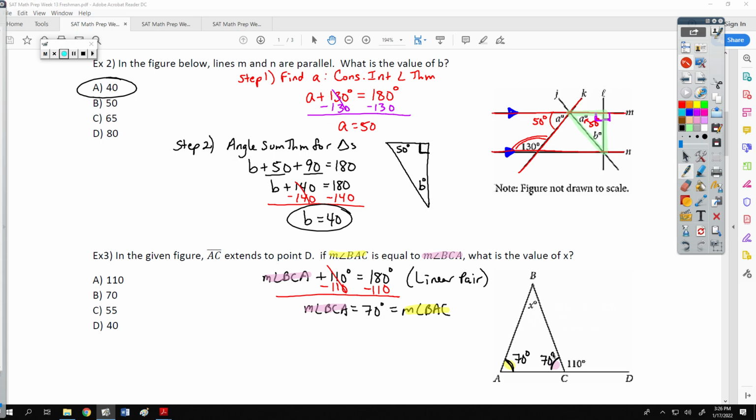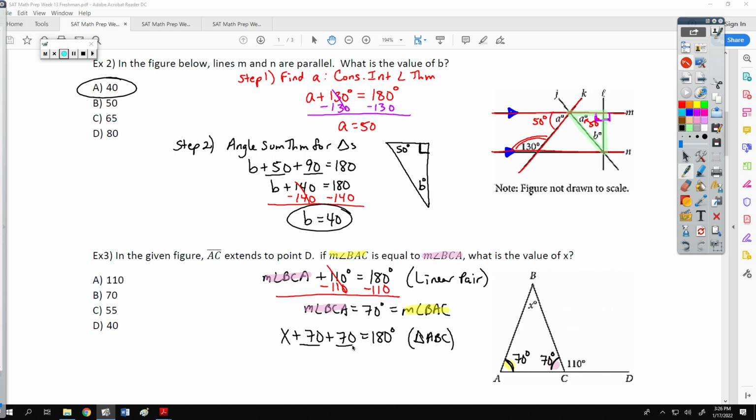Now, once we know those two angles, then we can run the angle sum theorem on triangle ABC. X plus 70 plus 70 has to add up to 180 degrees because that's a triangle. So the three angles in that triangle have to add up to 180, x plus 70 plus 70.